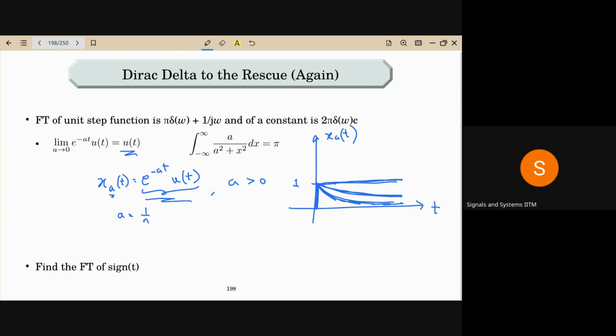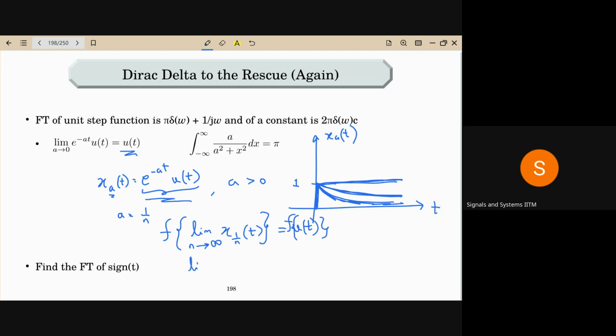In other words, the limit of x_(1/n)(t) as n tends to infinity is equal to u(t). So we are simply saying: apply the Fourier transform on both sides.